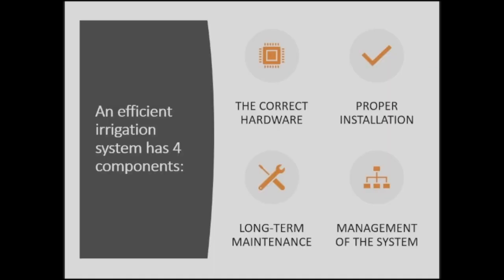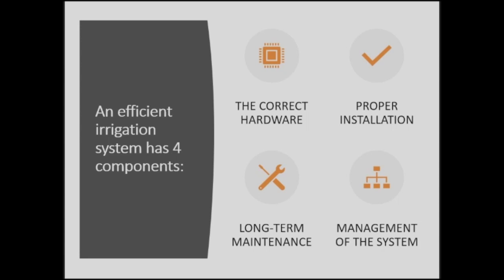When we're talking about efficient irrigation, we have 4 different components. First, we have to have the correct hardware, right? If we don't have the right pipes, the right heads, then we're already setting ourselves up for failure. Proper installation. How many of y'all have installed your own irrigation system? Ever? Anywhere? Sometimes we have to do it ourselves.